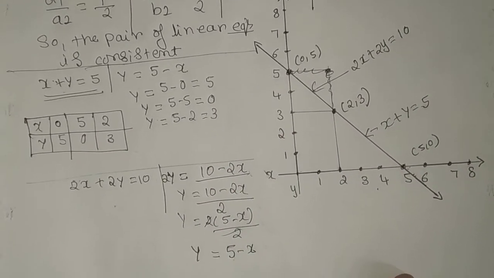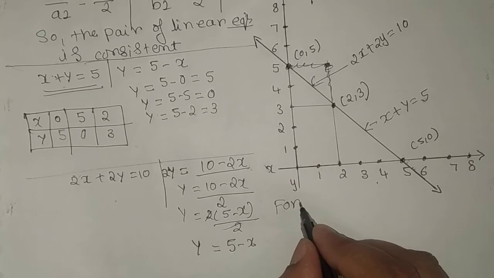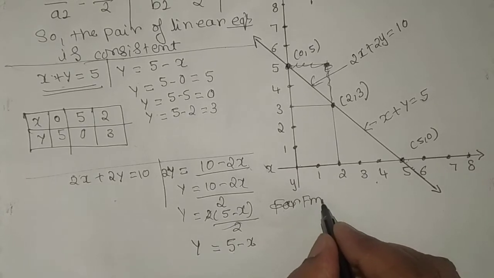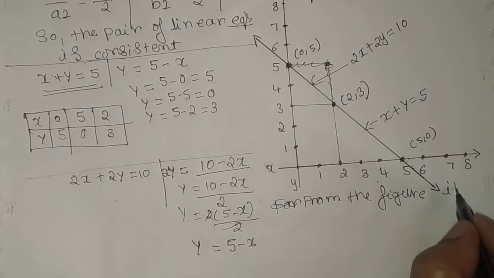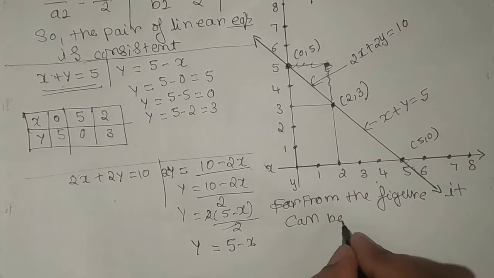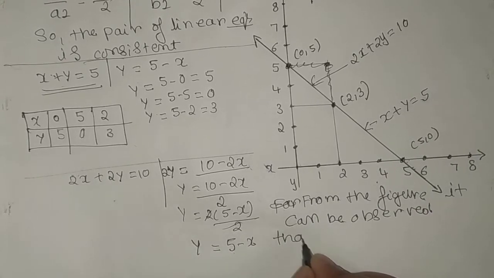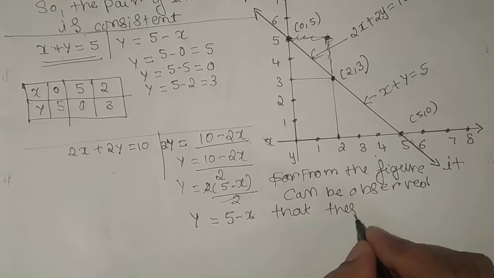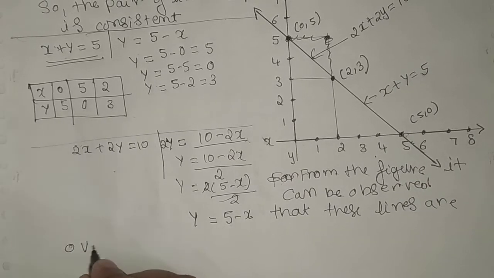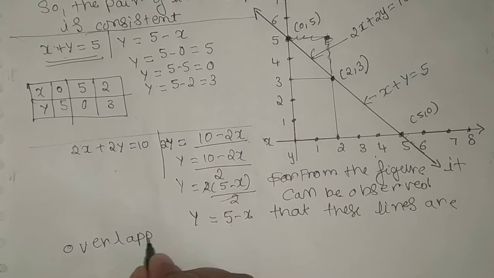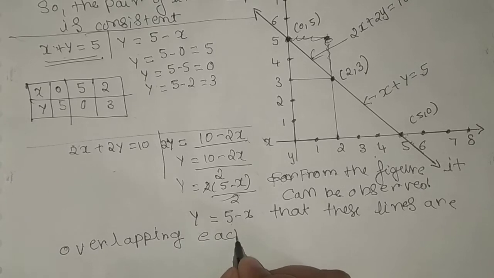So we have to write some points here. From the figure or the graph, it is observed that these lines are overlapping, meaning one comes above the other, or on the same line.